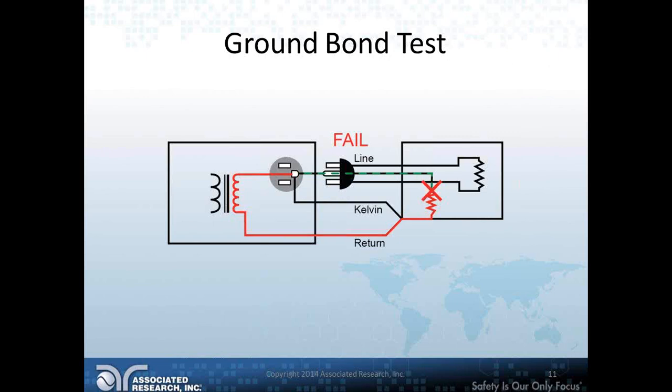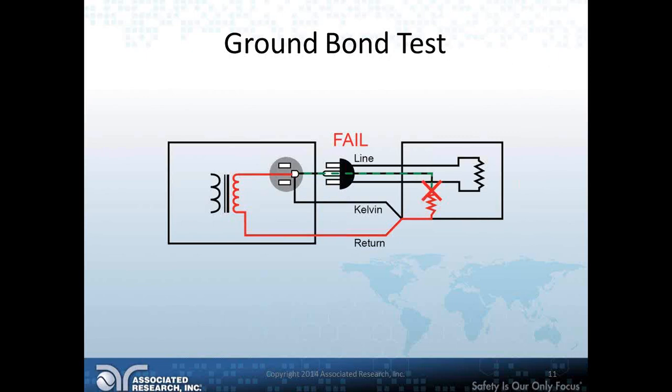On the right side is the return circuit. To complete this circuit, one end of the return connection is plugged into the tester, and the other end is clipped or plugged onto the product's chassis, a good chassis point.